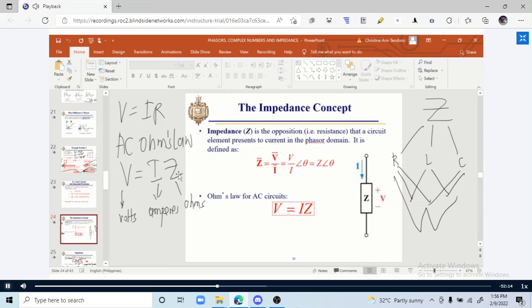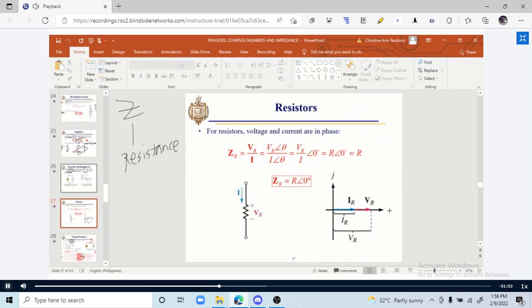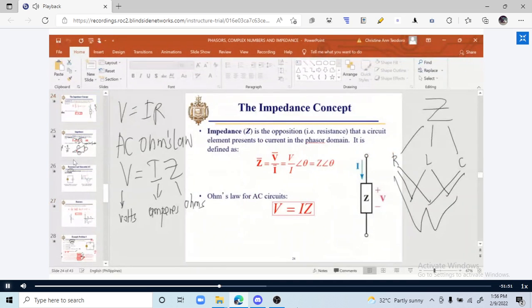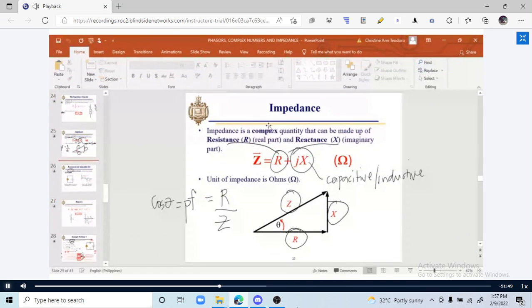Now we also have Ohm's law in AC circuits, and that is V equals IZ. As you can see, our R in DC has been changed into Z because we are already dealing with inductance and capacitance as well as their combinations. So our voltage now is equal to the current multiplied by the impedance.